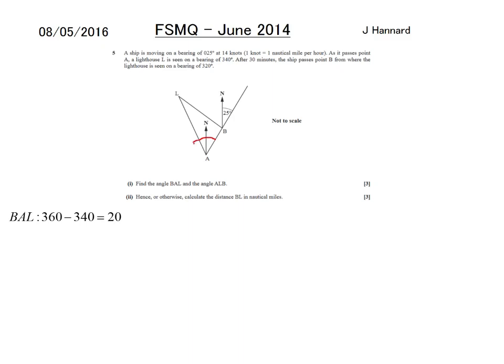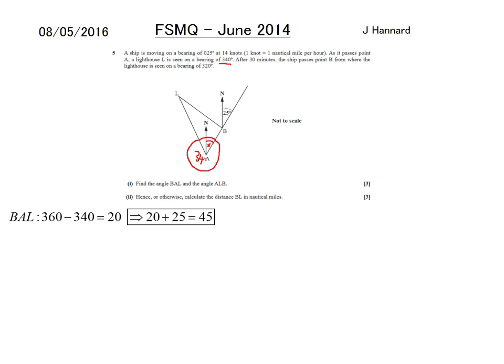So we know that this whole angle here is 360, and that's at a bearing of 340. So we take them off each other, and we end up with 20, and obviously 20 add 25 is equal to 45. Where I got the 25 from was this here. That there is 25, and we know that the bearing from north all the way to here is 340.